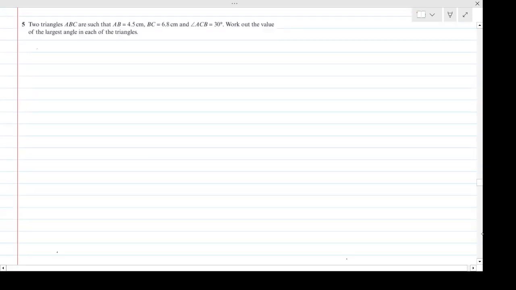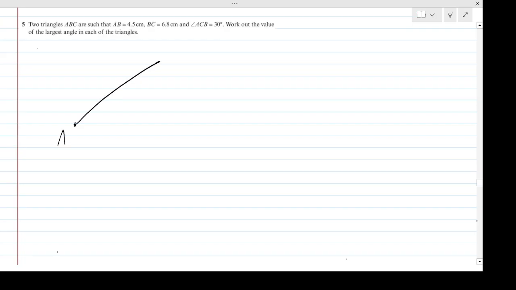Let's have a look at another question then. Okay, it says two triangles ABC are such that AB is 4.5, BC is 6.8, and angle ACB is 30. Work out the value of the largest angle in each of the triangles. So again, I've got some lengths, so probably best to draw a little rough triangle to put all my information in to see clearly what to do.